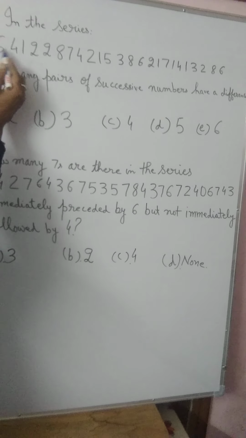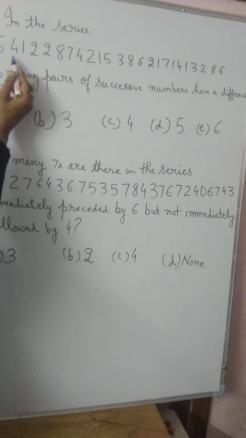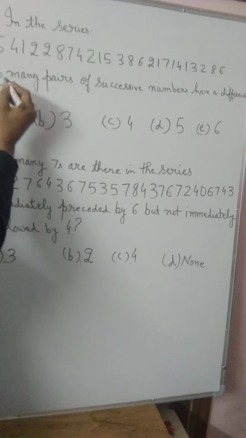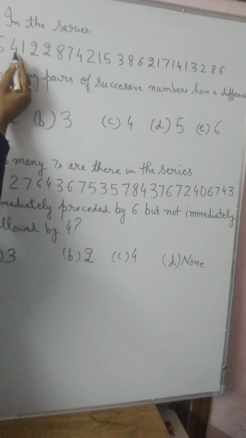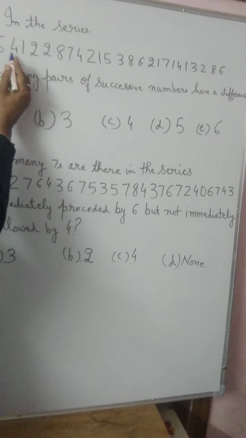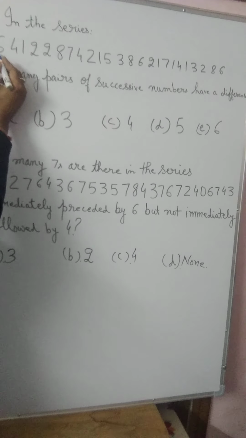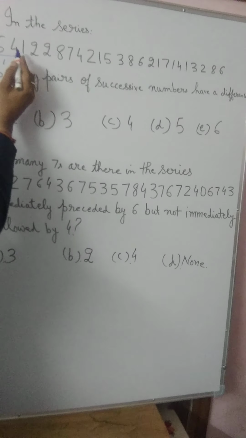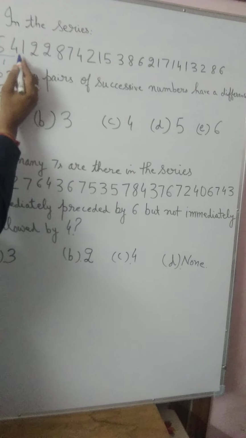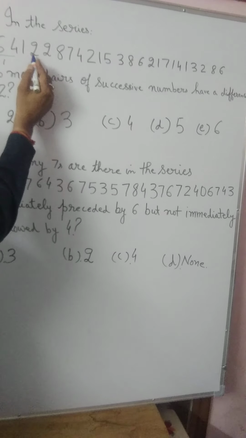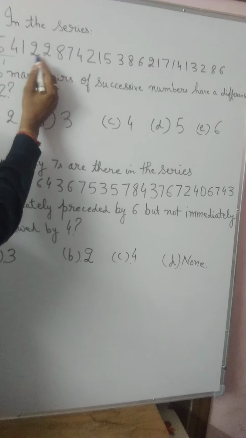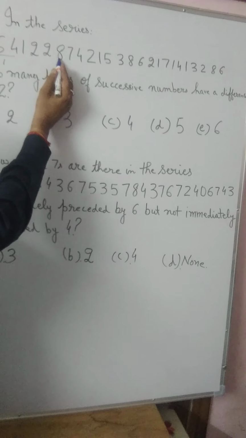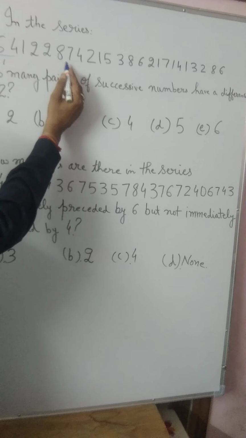The difference is 4 minus 6, which is minus 2 or plus 2, so we consider it as one. Then 1 minus 4 or 4 minus 1 is 3, not possible. 1 minus 2 is 1 only. 2 minus 2 is 0. 8 minus 2 is more than 2, so not possible.